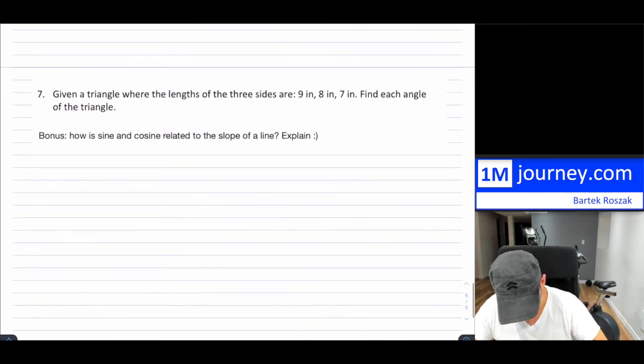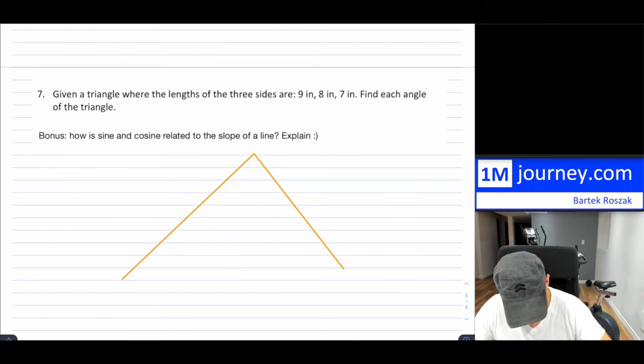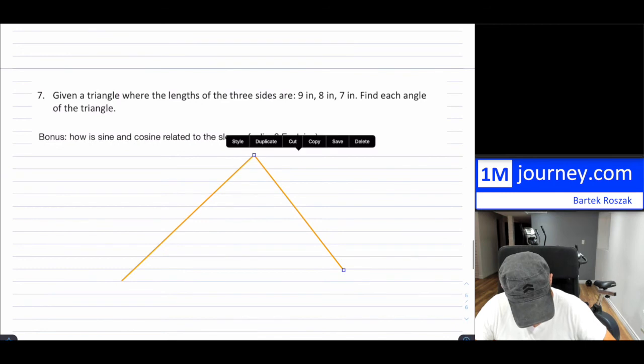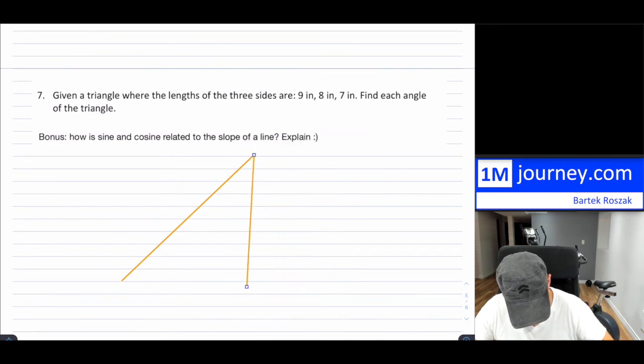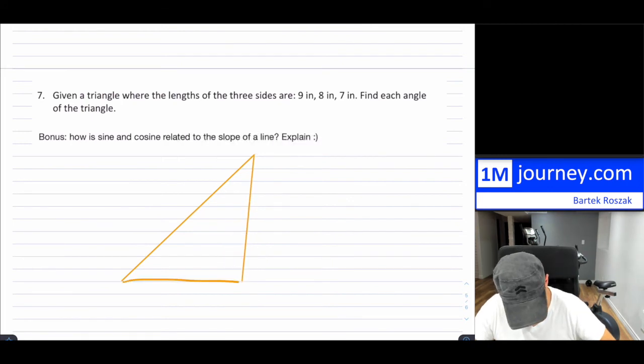So 9 is going to be the longest, 8 a little bit shorter, and 7 the shortest one. I'm going to try to draw it proportionally. This one is 9, 8, 7.